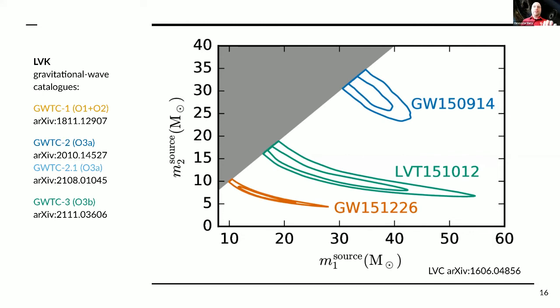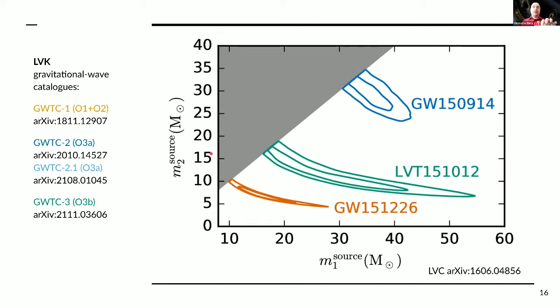So let's try moving on again. Source parameters here: these are probability contours, mapping out our posterior probability distribution on our two source masses, M1 and M2. And I should add, this gray region up here is just showing the region of parameter space which can't be occupied.